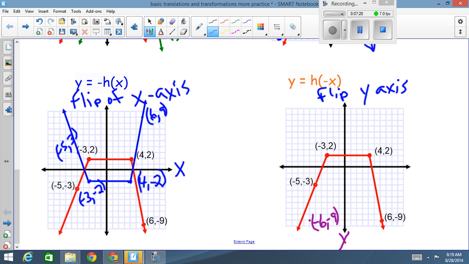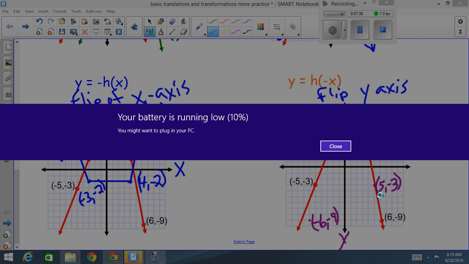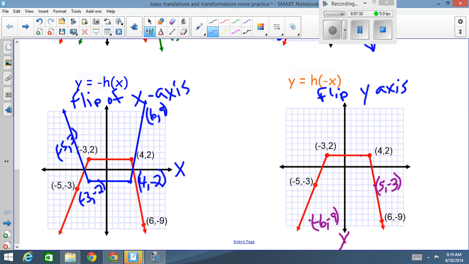Negative 5, 3 is going to become 5, negative 3. Negative 3, 2 is going to become 3, 2. And 4, 2 is going to become negative 4, 2.